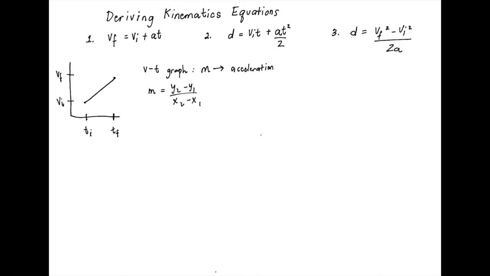Therefore, by defining our acceleration, our y sub 2 and y sub 1 would represent Vf minus Vi over final time minus initial time. This defines our acceleration. We could write this as acceleration is Vf minus Vi over delta t, or simply t.